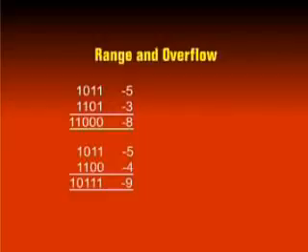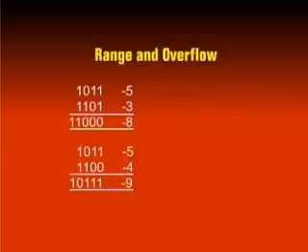Now if you neglect the carry, what do you get? It's 0, 1, 1, 1. Now if you observe the answer, you see a 0 in the most significant bit, which indicates a positive number, which is incorrect. The answer is -9.